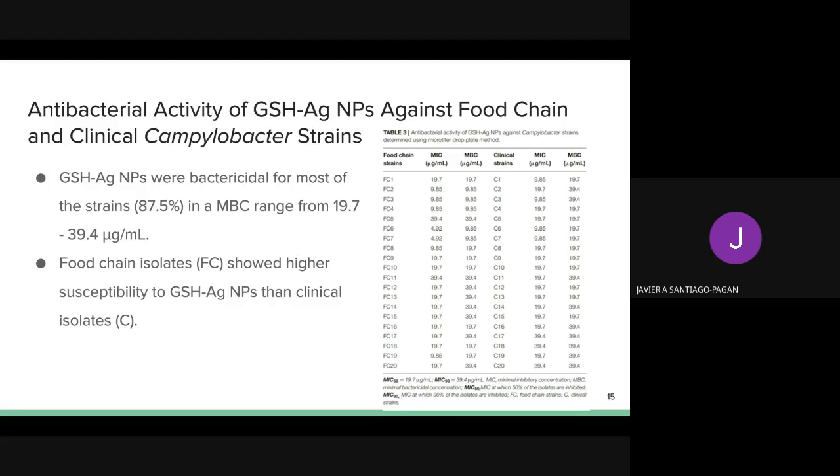Food chain isolates show higher susceptibility to these silver nanoparticles than clinical isolates.